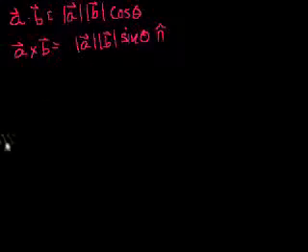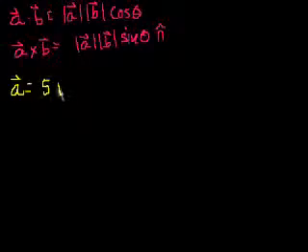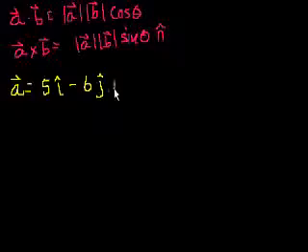What if, for example, I were to give you the vector A in engineering notation? In engineering notation, you're essentially just breaking down the vector into its x, y, and z components. So let's say vector A is 5i minus 6j plus 3k.